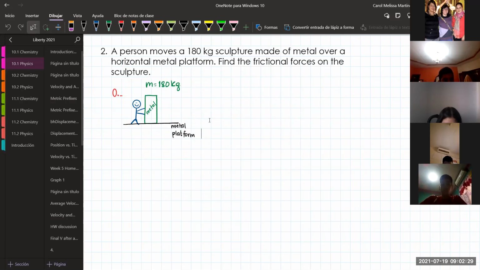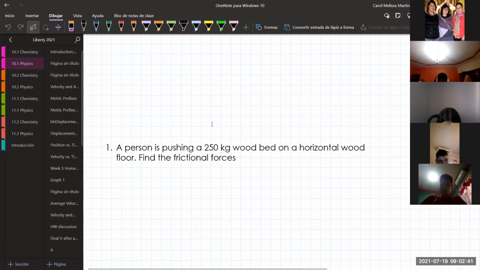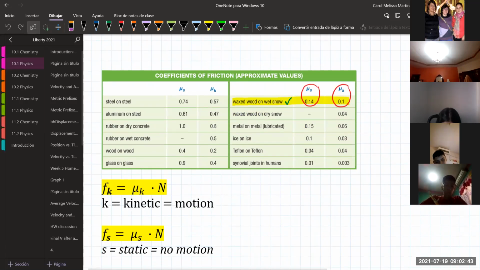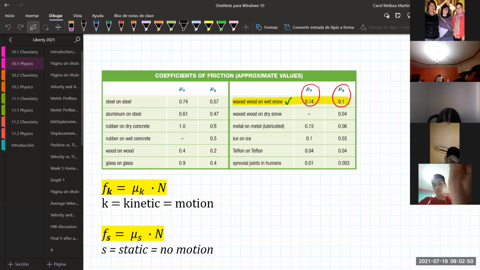Okay, so the situation, the two surfaces that are in contact is metal on metal. Okay, so I'm going to look for the table, and I will look for this situation. What coefficients do I have to use? 0.15 and 0.06. That is correct. This is the situation that best fits the problem.